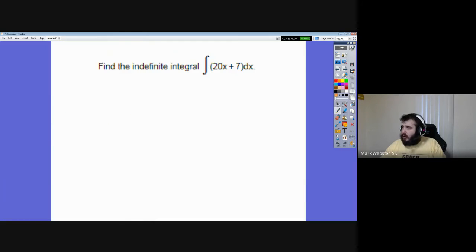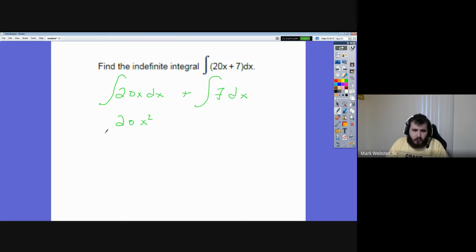So now, here the directions just say find the indefinite integral, which means that our answer should contain plus c, right? So we're going to integrate. And remember, I said we can integrate each of these separately. So let's do this. We integrate 20x. This is 20x squared over 2.